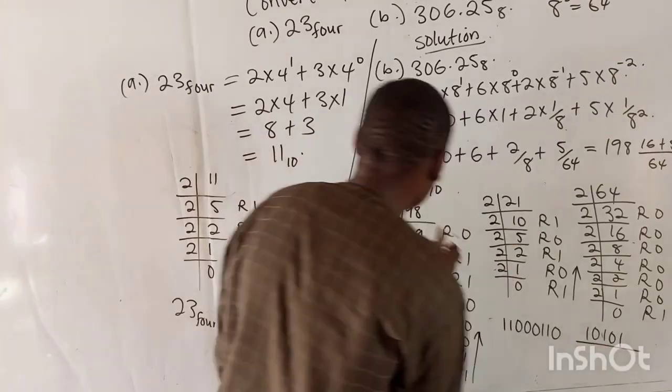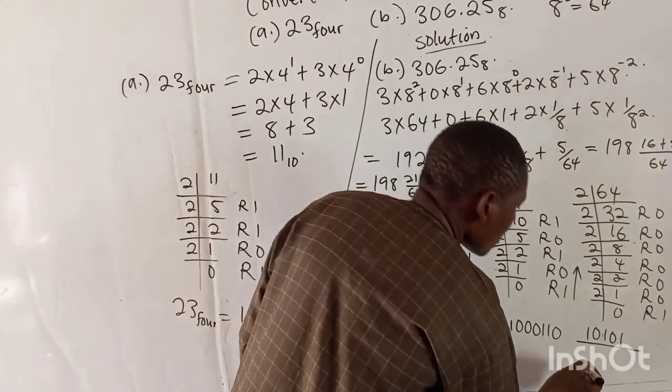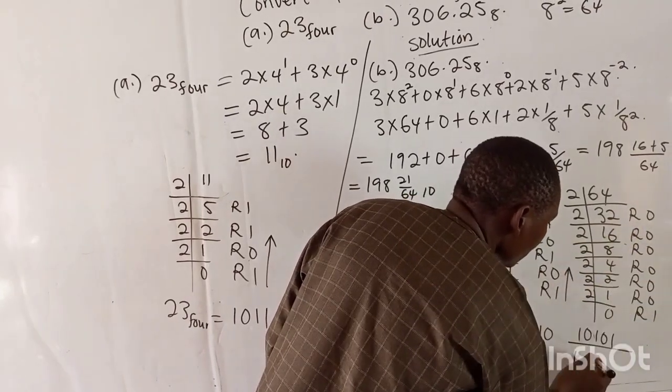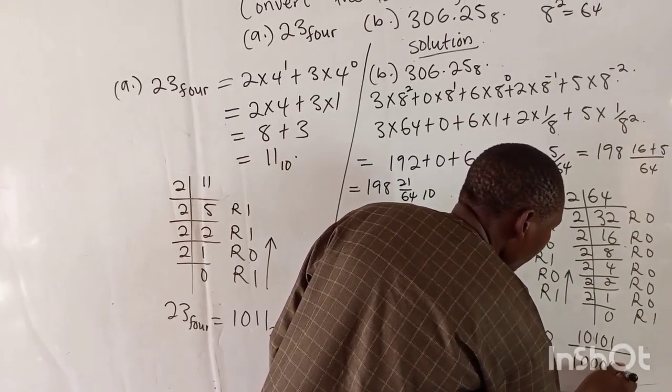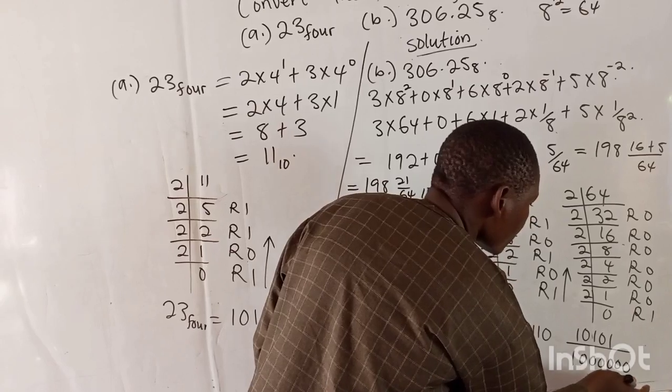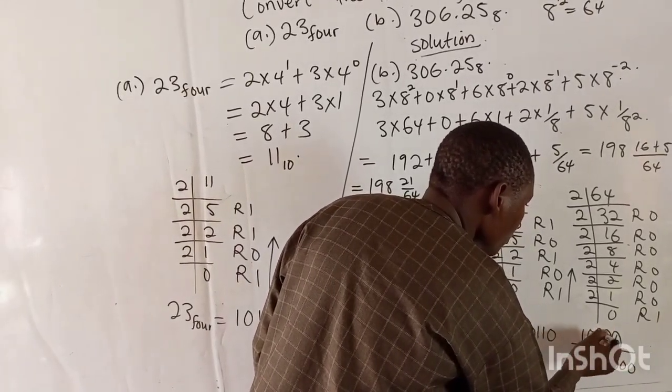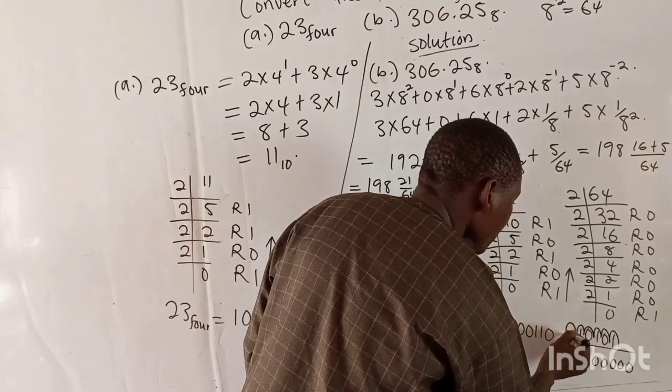Now all over 64, it is 1 followed by how many zeros? 1, 2, 3, 4, 5, 6. Now we have 6 zeros.